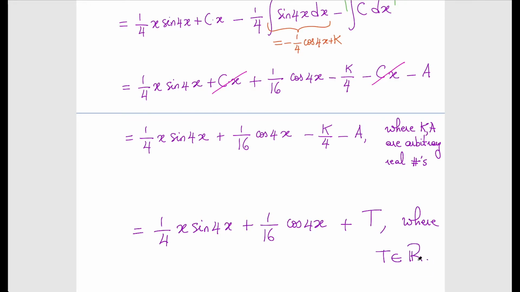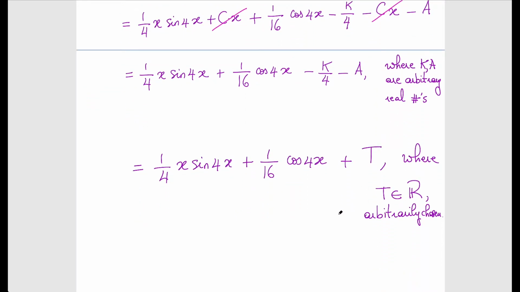R being the set of all real numbers, and this means element. So t is an element in R, arbitrarily chosen. Because t is the opposite of k over 4 plus a. Since each ingredient is arbitrary in R, the whole thing is arbitrary in R. So t becomes an arbitrary real number.